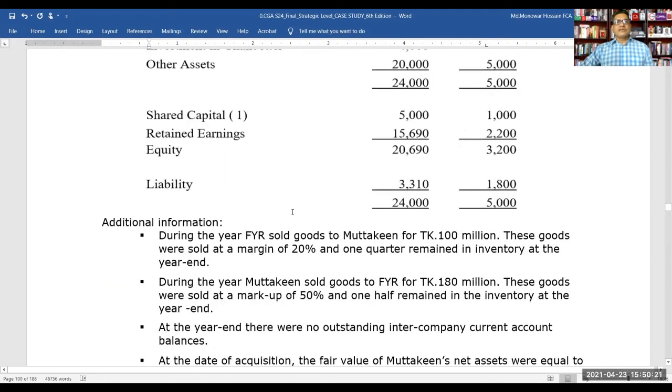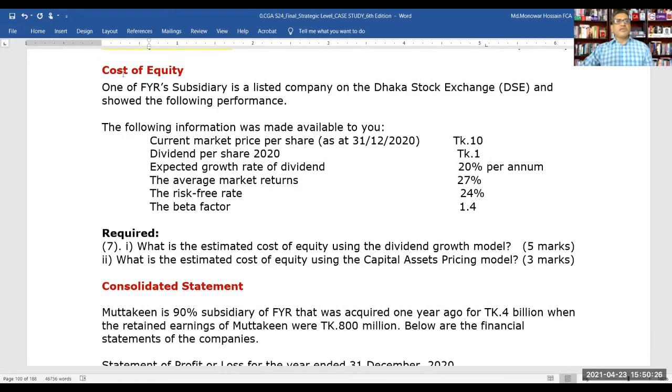Now the next one, cost of equity. One of FIR's subsidiaries is a listed company on the Dhaka Stock Exchange and shows the following performance. The following information was made available as at 31st December 20.